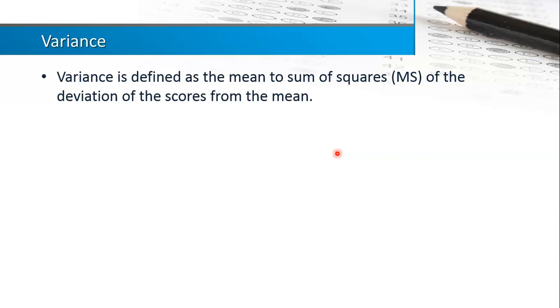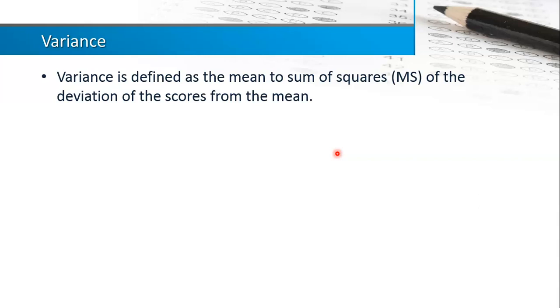Variance can be understood by defining it as the mean of the sum of squares of the deviation of the scores from the mean, meaning we subtract the mean from all of the scores, which represents the distance of the scores from the mean.